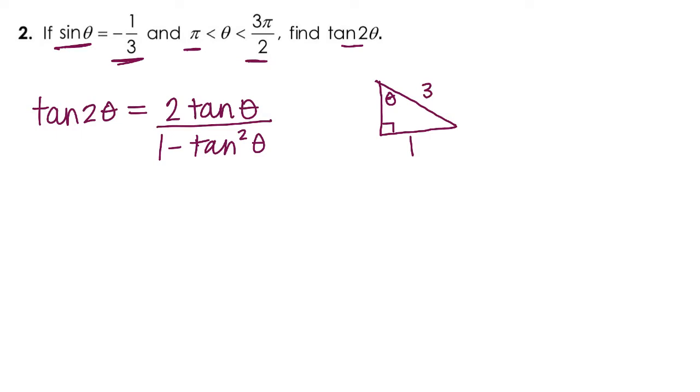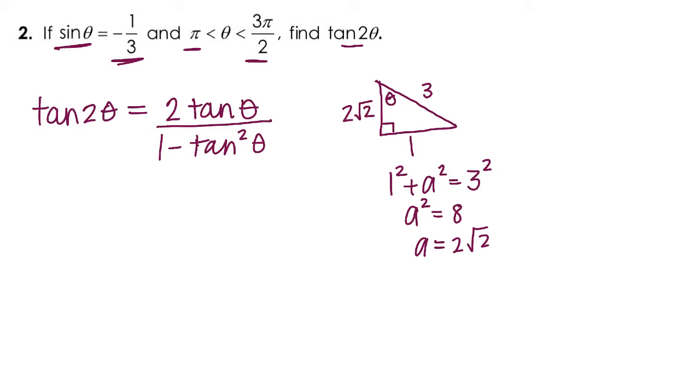And so notice that we're going to have 1 squared plus a missing side squared equals 3 squared. And so a squared is going to be 8. So a is 2 root 2. So we've got that missing side is 2 root 2.